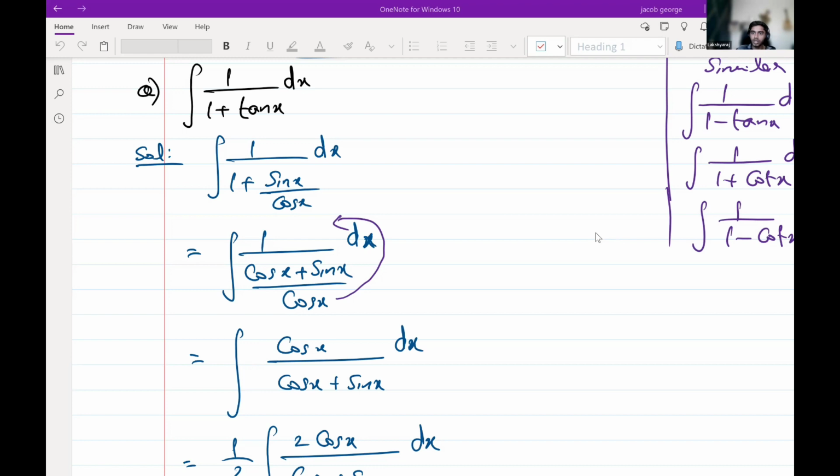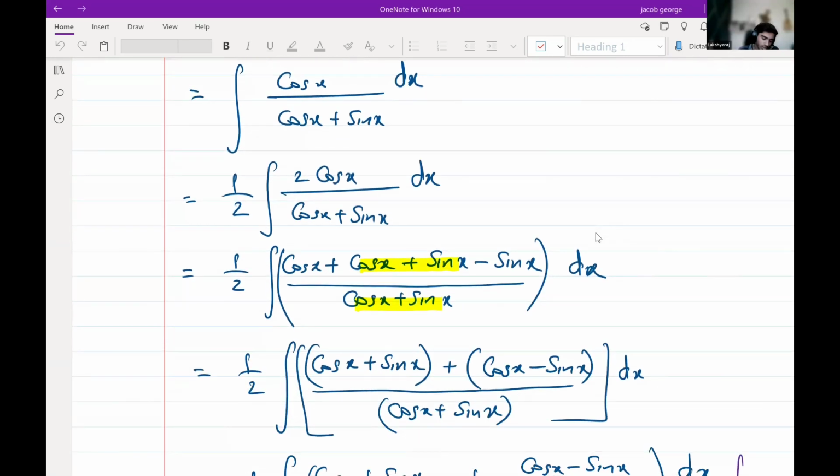So if the numerator is the derivative of the denominator, we can just take the integral as log mod denominator.